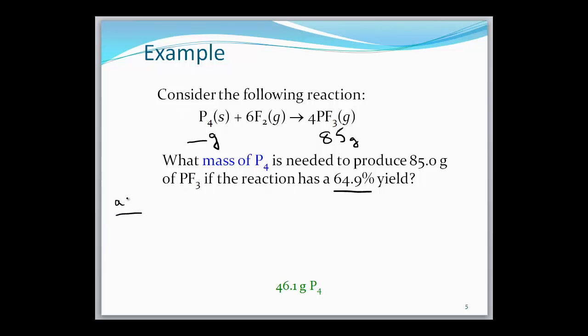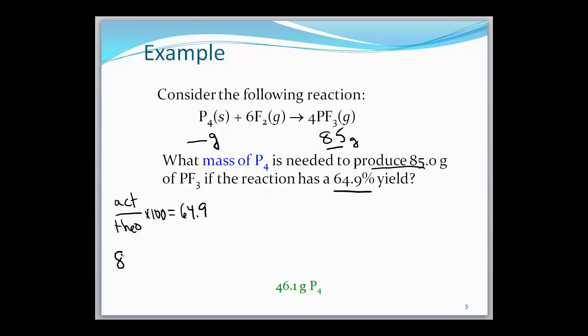So if we had our actual over our theoretical times 100, we know that's going to equal 64.9. So the question becomes, do we know the actual or theoretical? If you look at the wording of the question, to produce 85 grams, that means that would be your hypothetical amount you produced in the lab.